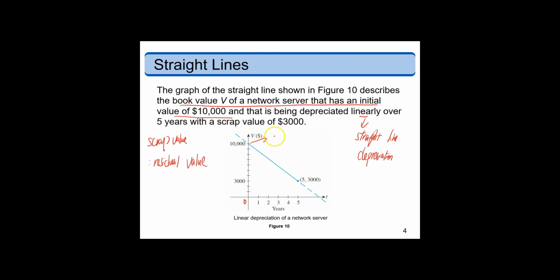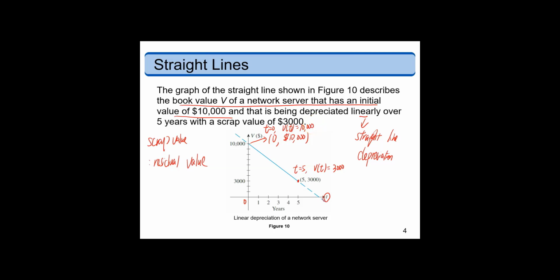So the pair we use to describe this would be time t and value. The horizontal axis represents time t, and the vertical axis represents dollar value, $10,000. The second condition is that after 5 years, when t equals 5, the value of the machine is $3,000. At t equals 0, the value is $10,000, the initial purchase price.